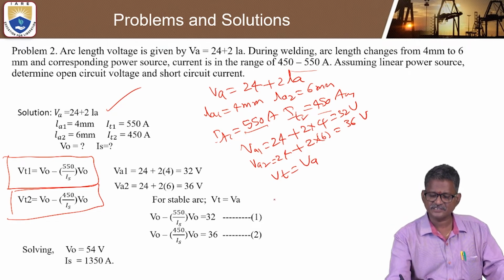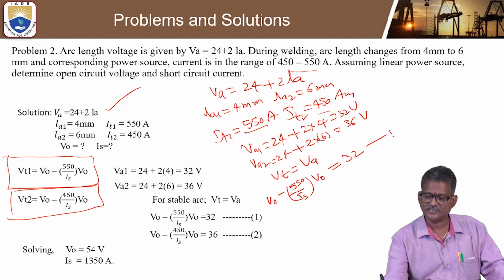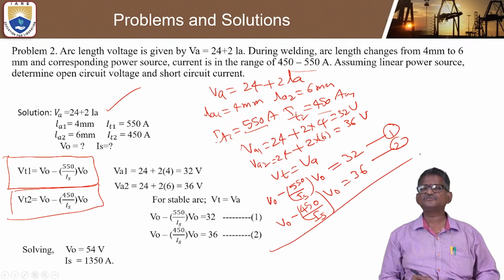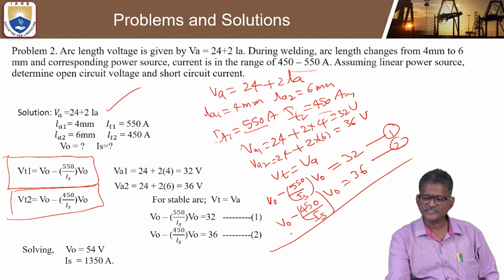The first equation is V0 minus 550 divided by IS into V0 is equal to 32, and similarly, V0 minus 450 divided by IS into V0 is equal to 36. This is equation 2. If you solve these two equations, you can easily determine the open circuit voltage V0 and short circuit current IS.